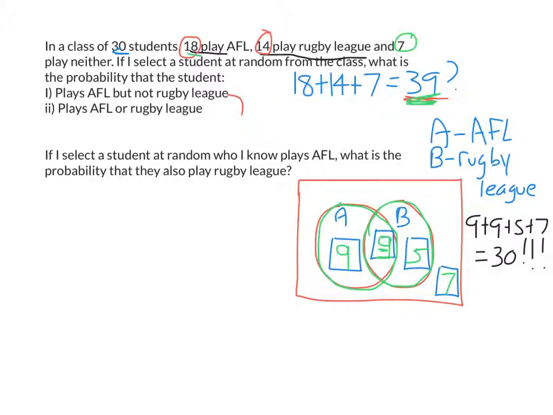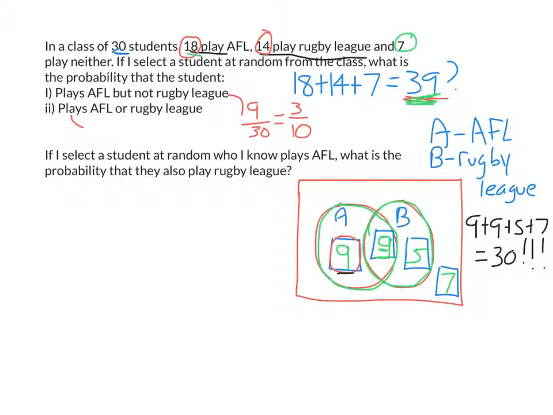So we can just simply look at these 9 students here. They're in the AFL circle, but not the rugby league circle. So there's 9 students out of 30 in total, which is 3 over 10 or 0.3. What's the probability a student plays AFL or rugby league? So or means it includes both. We're looking at the students who play AFL or rugby league or both.